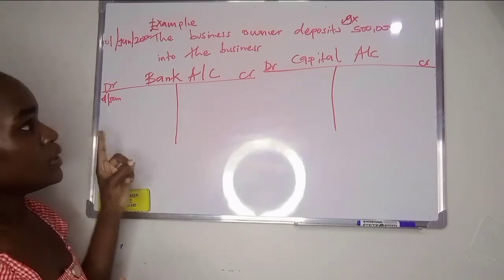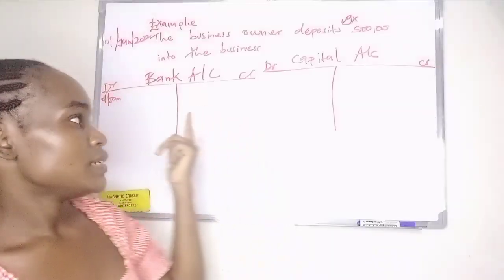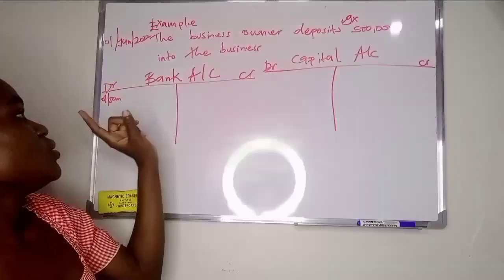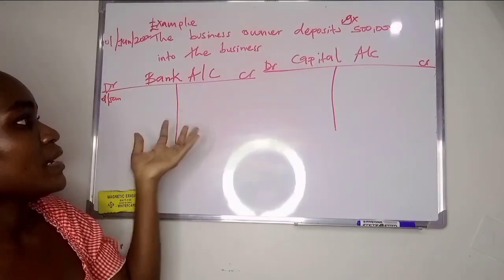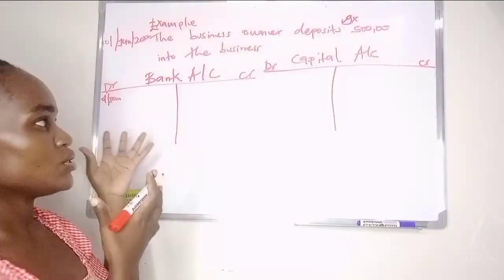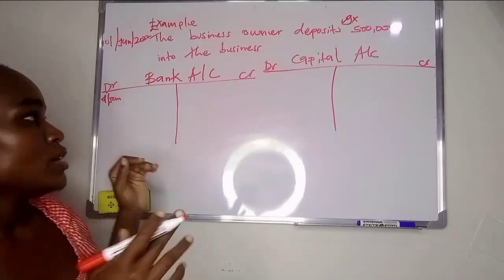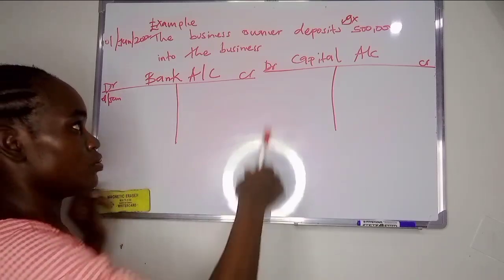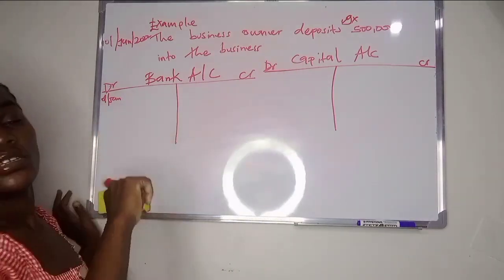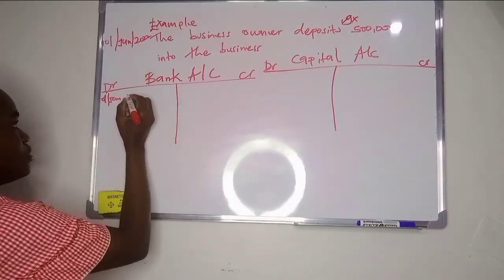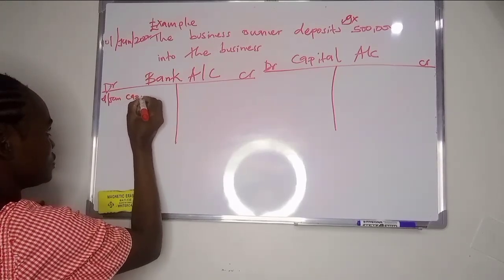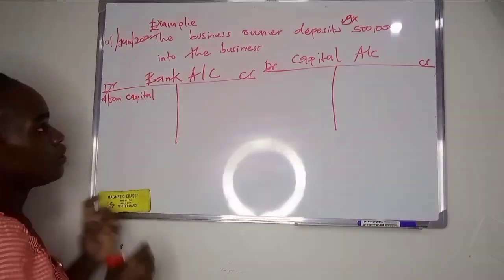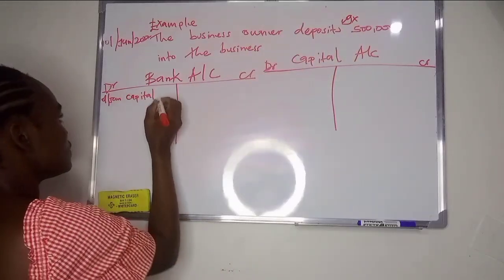So they deposited 500. But here we cannot write bank under bank. When you're recording these transactions, under the description you put the opposite account. So you will write capital here instead of bank. So you write capital of 500.